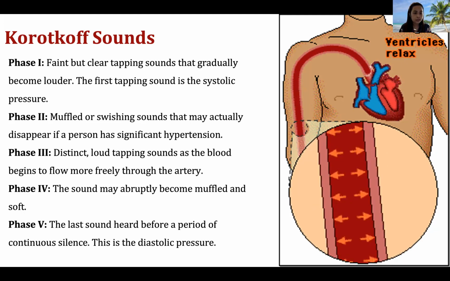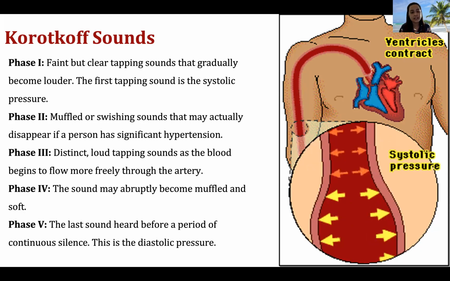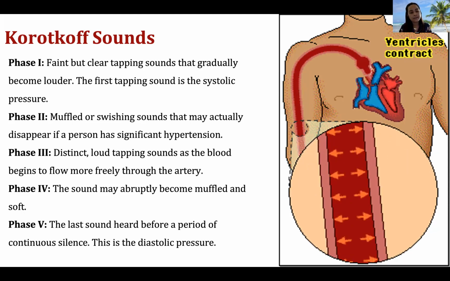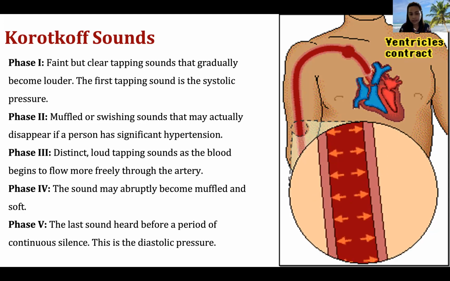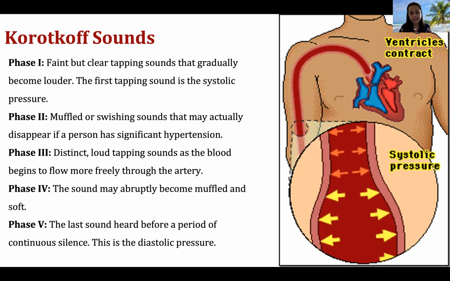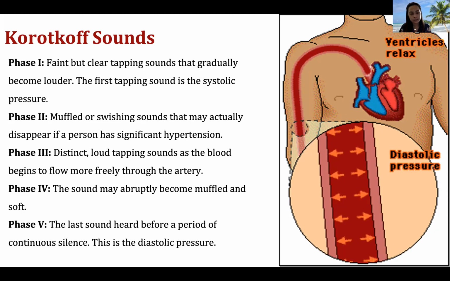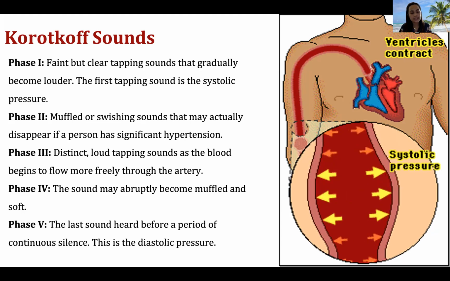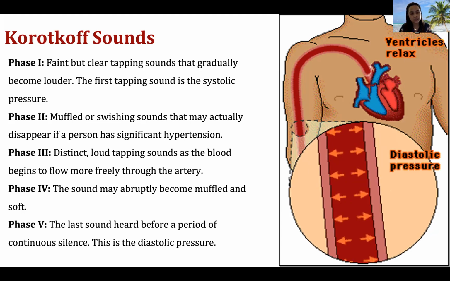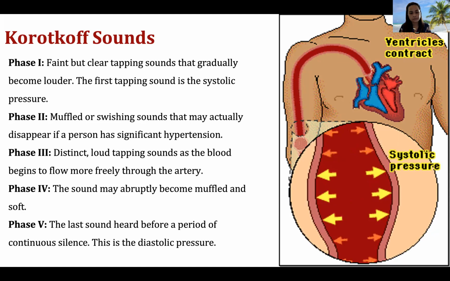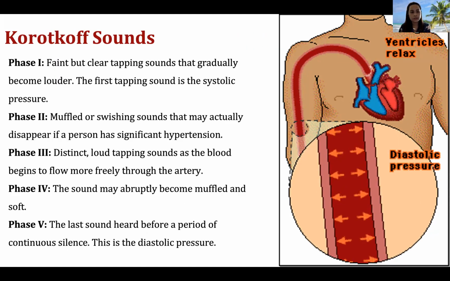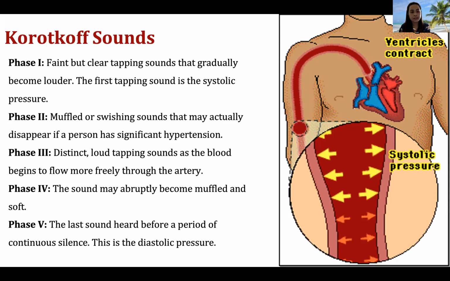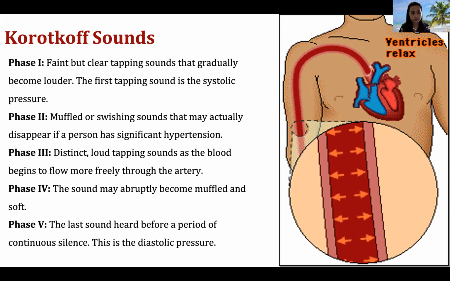Phase 2, muffled or swishing sounds. Phase 3, distinct and loud tapping sounds. Phase 4, the sound may abruptly become muffled and soft. And lastly, phase 5, the last sound heard before the period of continuous silence, and this is your diastolic pressure. Only phase 1 and phase 5 are important for blood pressure.